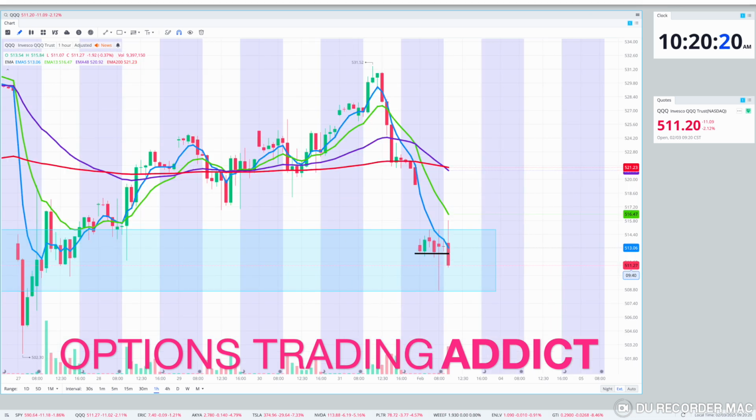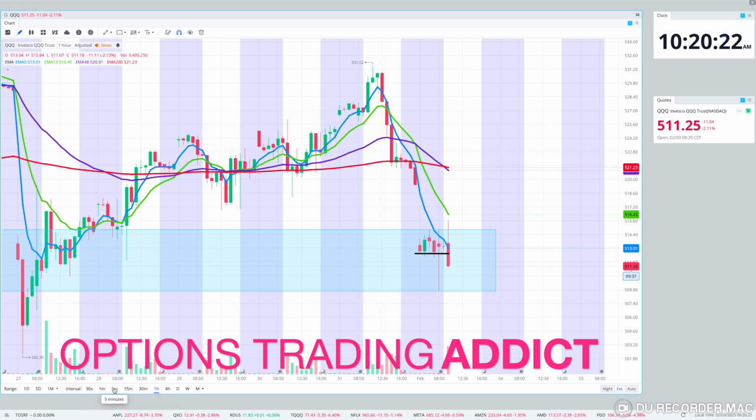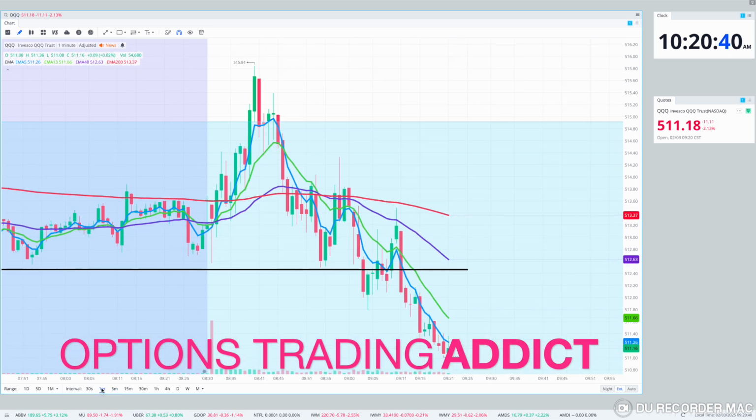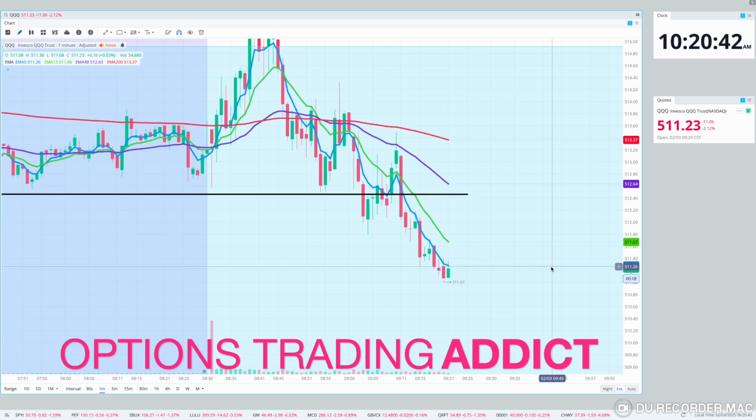Alright, I'm back. I'm currently up $1. Let's see what we got on the 5-minute chart. I don't know how this is going to work out. It's one of those things where you think it's going in the right direction.